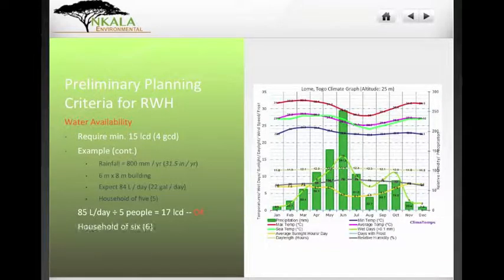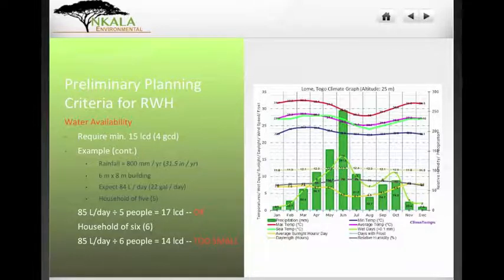Now, what happens if we have a household of 6 for this same scenario? Well, if I take my 85 liters per day and divide it by 6 people, then you see that it only gives me 14 liters per person per day, which means that for a household of 6, this system is too small, that we would need to do something else in order to meet our needs for this size footprint, for a 6 by 8 footprint.